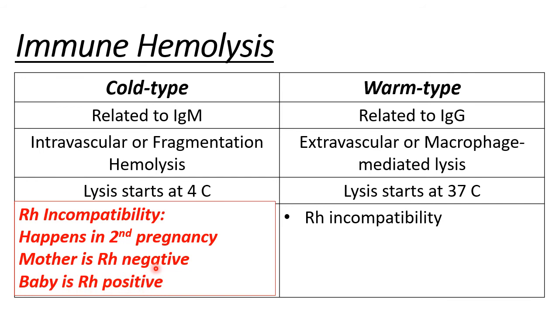So, merong antibodies si mother against the RH antigen. So, tatargetin niya yung blood cells ni baby. So, therefore, yung hemolysis nangyayari kay baby, hindi kay mother.